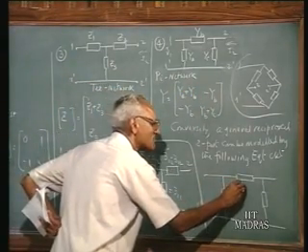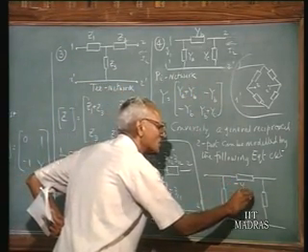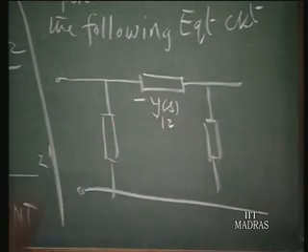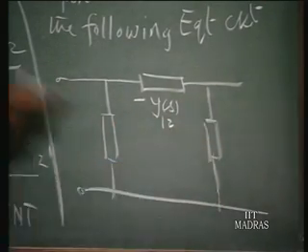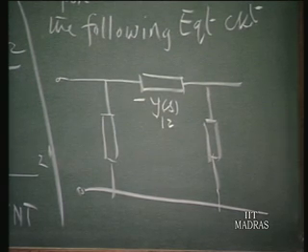Therefore, I can write this as minus y12 of S. And when you short circuit this, the total admittance seen from port 1 must be y11.